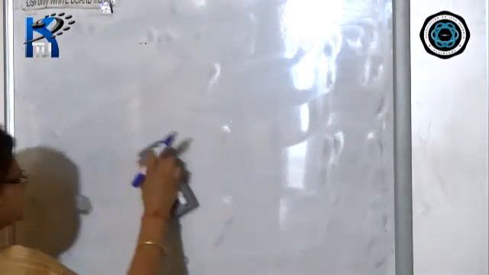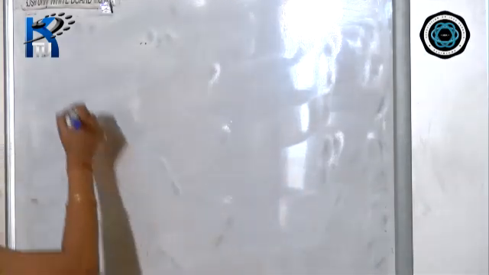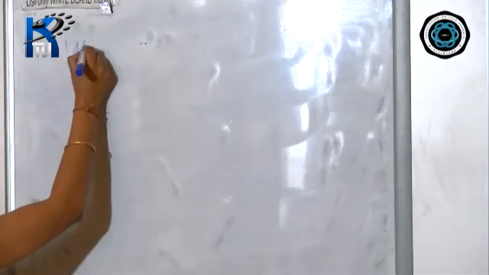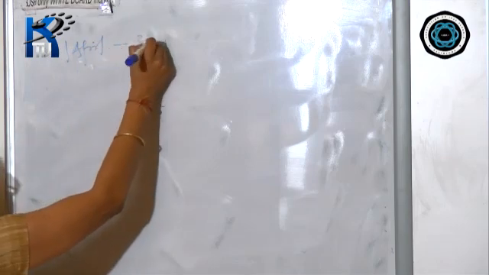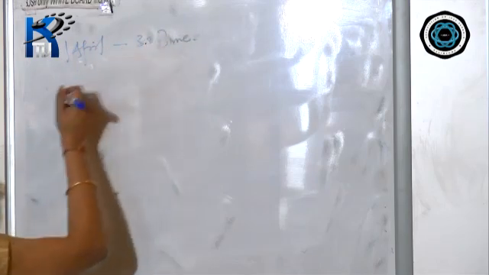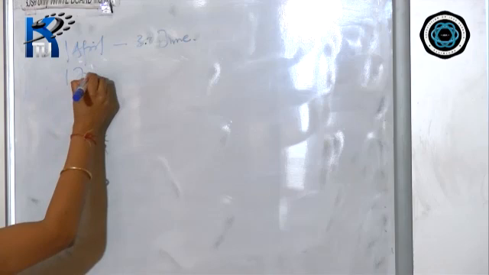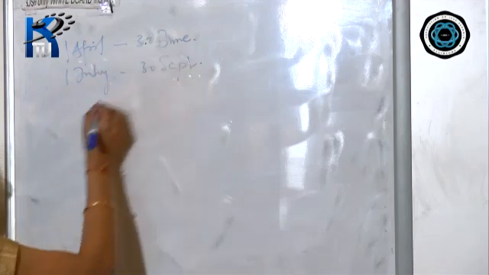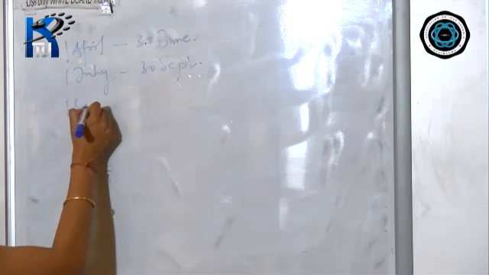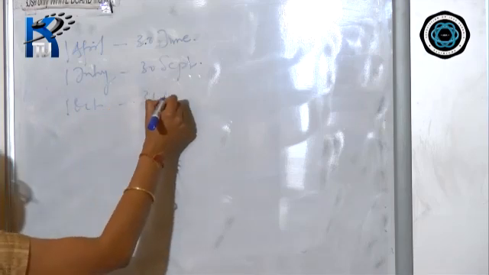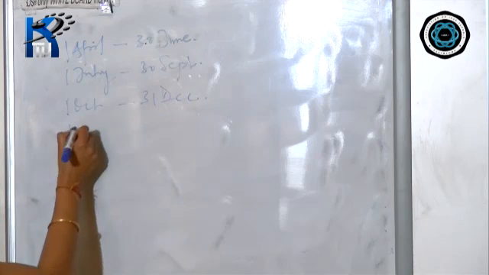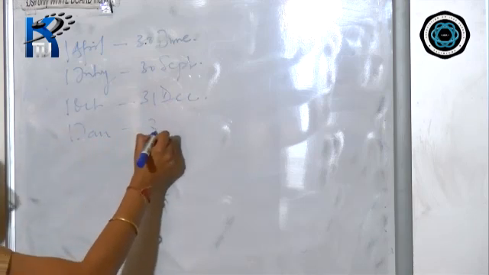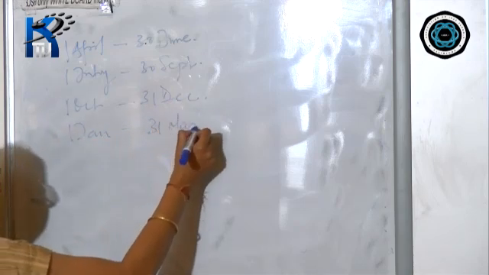There are 4 quarters. The first quarter starting from 1st April to 30th June. Second quarter starting from 1st July to 30th September. Next from 1st October to 31st December. And then from 1st January to 31st March.